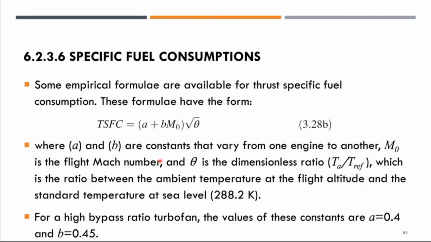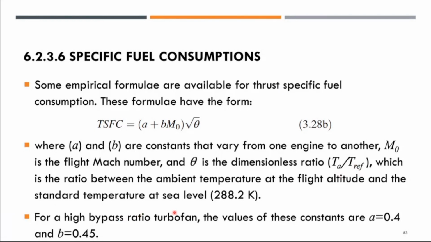Some empirical formulas are available for thrust specific fuel consumption, and it is used in this form where we have A and B components. A and B are constants that vary from one engine to another. M0 is the flight Mach number, and theta is the dimensionless ratio of the temperature at the flight altitude to T reference, T altitude over T reference.